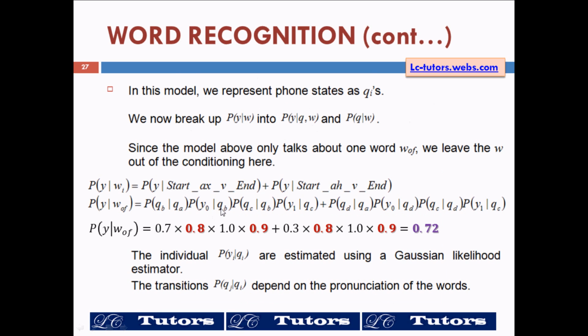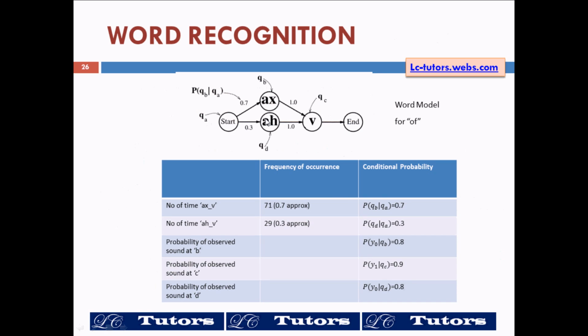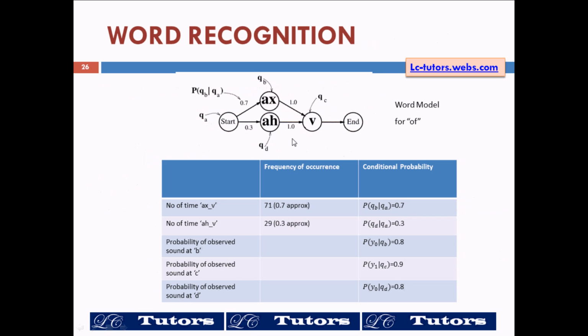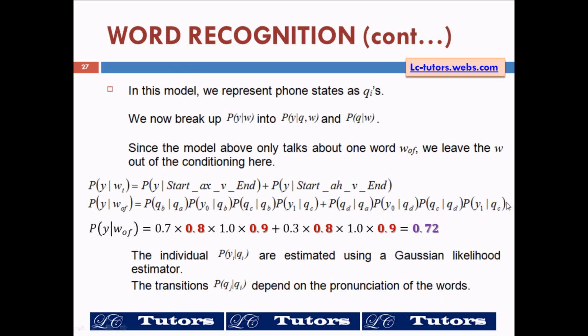So y0 given QB during state B, and you get y1 at state C, plus the probability of QD given QA, this jump here, and then getting an acoustic vector at this point, P(y0|QD) at state QD. The probability of getting the y0 vector we calculated already, so we substitute it there. And this is the jump probability from here to here, and at the end, P(y1|this one).